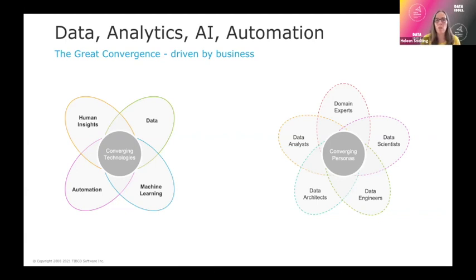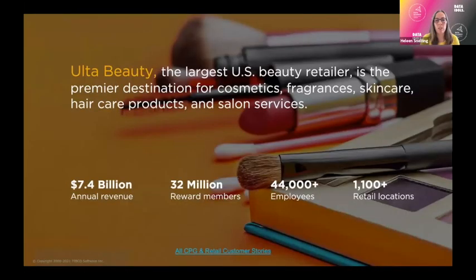So we're seeing the use of different technologies, converging technologies and converging personas. The theme of our session today, visual data science, really caters to that need, because it allows you to collaborate with different people with different skill sets in one application much more easily. So we'll show that to you today.